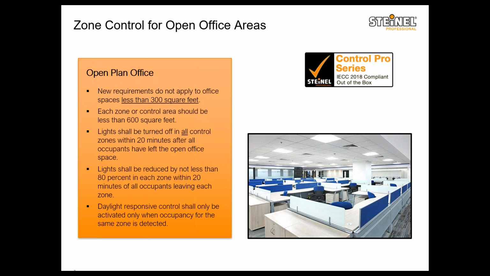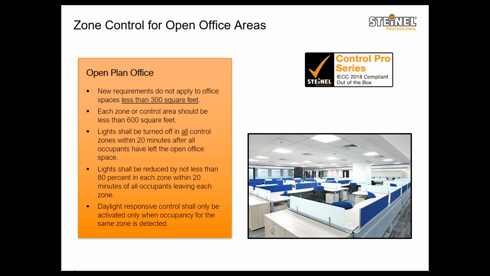Under 300 square feet, you go back to the default compliance requirements, which is a 20-minute timeout after occupants have left, partial on or manual on, and an override switch. Since 300 square feet is quite a small area, you probably won't have any daylight harvesting or daylighting zone or anything like that. The simple requirements would suffice.